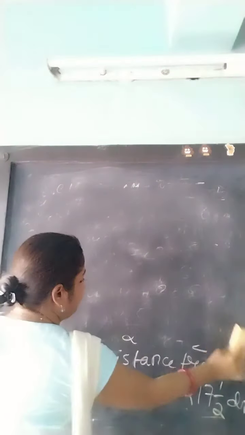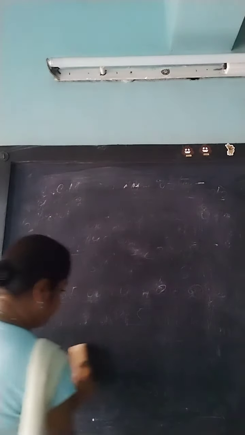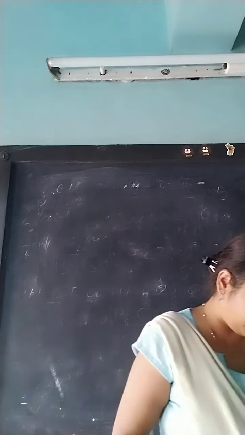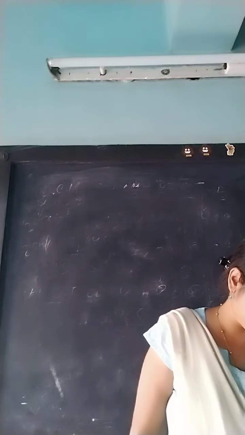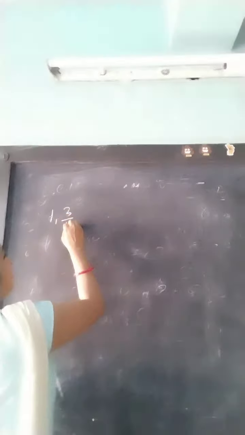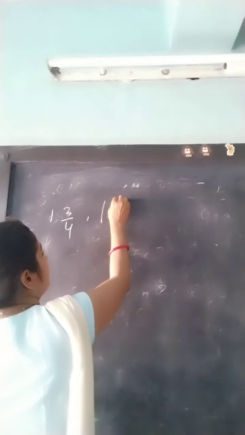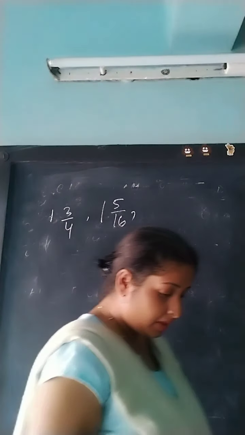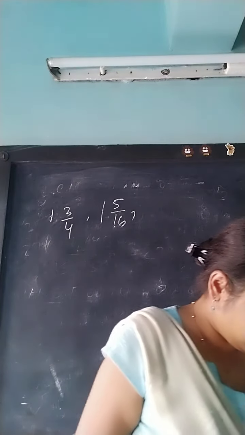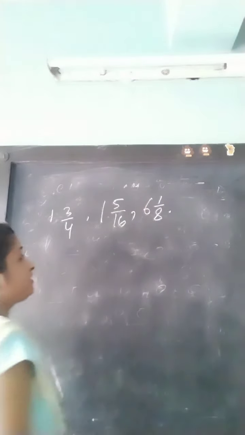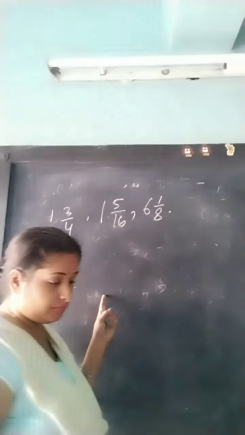In sum number 23, it is given: what is the least number that must be divided by one whole number 3 by 4, one whole number 5 by 16, and 6 whole number 1 by 8?